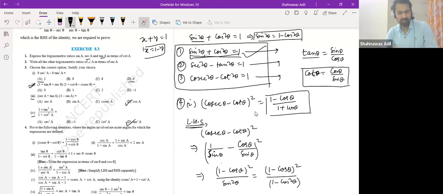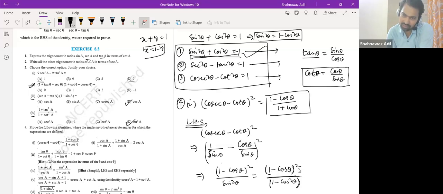Okay, look at these terms. You can see that 1 minus cos theta is there, but we have 2 of 1 minus cos theta.